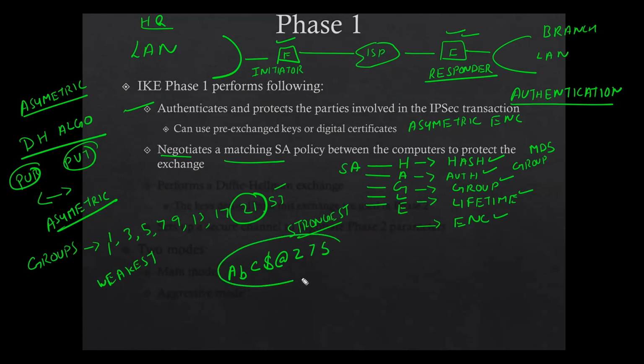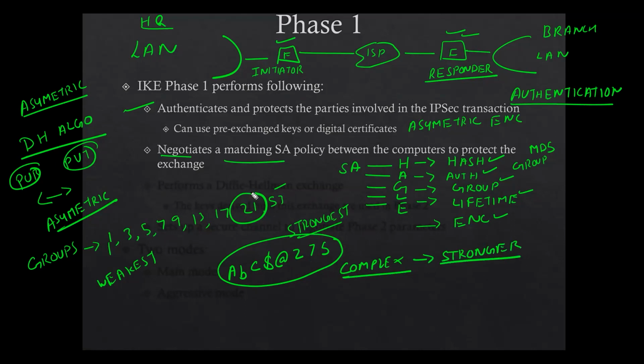Isn't this complex? It doesn't make any sense. It is all random numbers, all using different types of characters. You have uppercase, lowercase, special characters, then numeric. All of them make it complex. Complex means stronger. Are you guys able to follow me? Yes or no?